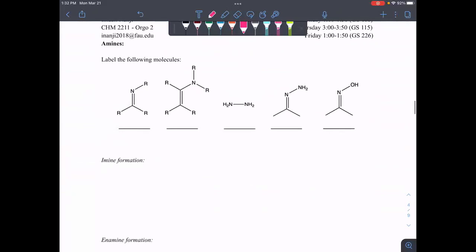So the very first thing, if you remember from some reaction intermediate we did a while ago, is called an imine. You have three R groups attached to this nitrogen, and then it's double bonded to the carbonyl carbon.